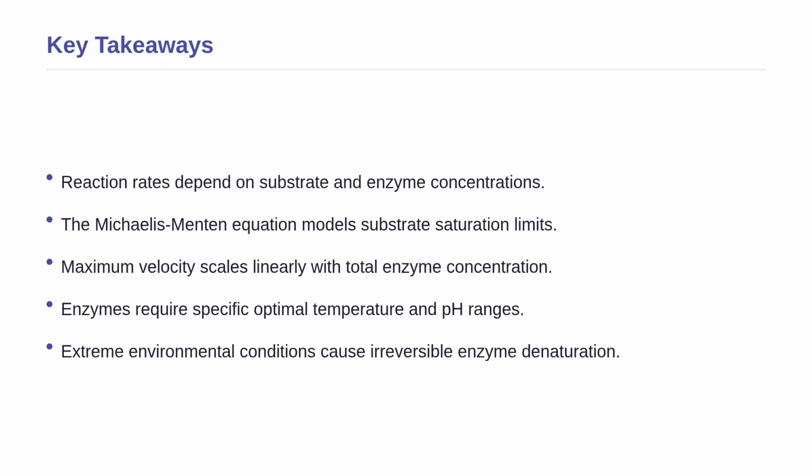Third, we learned that adding more enzyme linearly increases this maximum speed. Finally, we visualized how enzymes are delicate structures that require strict optimal temperature and pH ranges to avoid denaturation. Mastering these 4 factors gives us the power to control biological reactions in both medicine and industry.